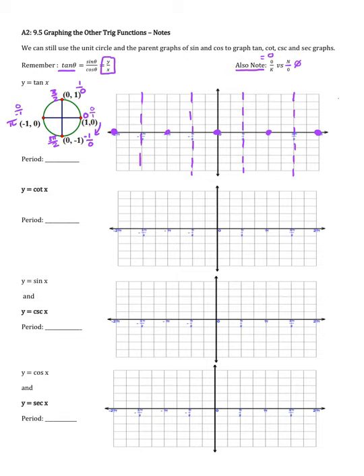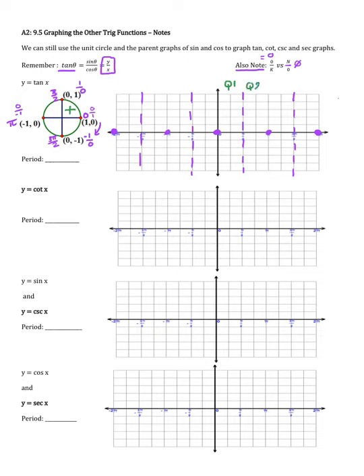Now, how do you do the graphs with all these? So here's another thing that it's really important to notice. We talked about positives and negatives. Remember that tangent is a ratio of the y over the x. So in the first quadrant, where everything is positive, tangent will be positive. This from 0 to pi over 2, that's quadrant 1.